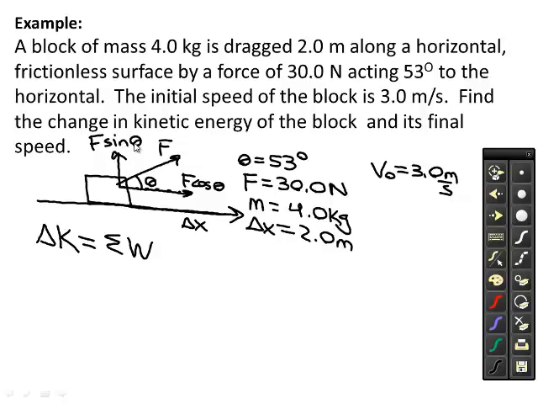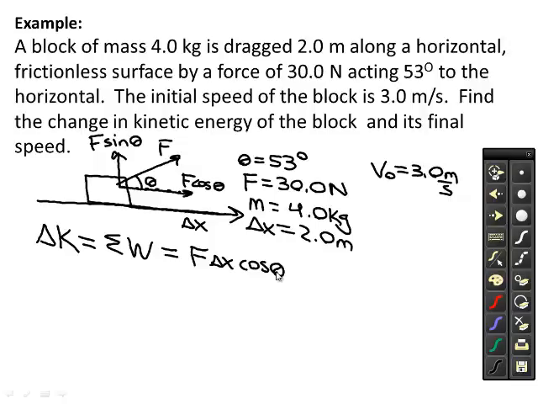It's not doing anything to change the kinetic energy of the block. It's not enough to lift the block. So we're going to calculate the work by taking those 2 quantities, F cosine theta and delta x, and multiplying them together. So the sum of the work, in this case, is going to be F times delta x times the cosine of theta. Okay?